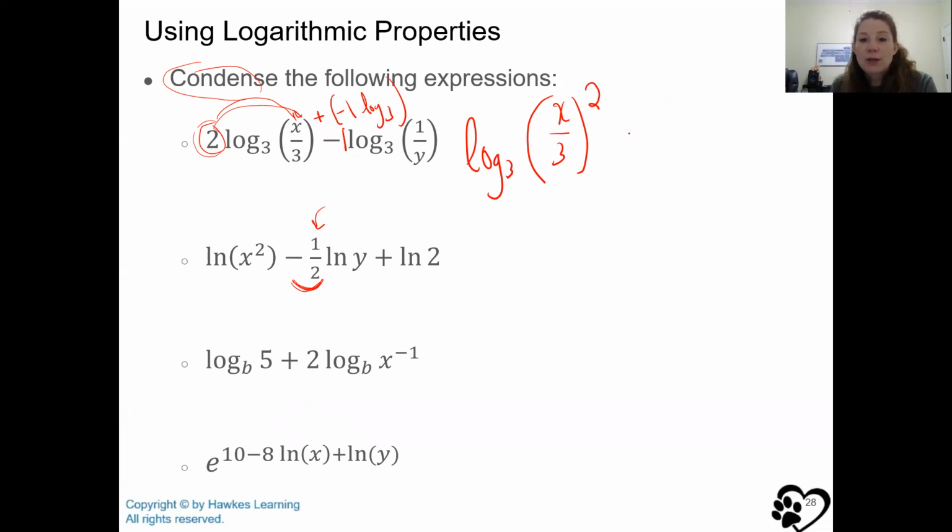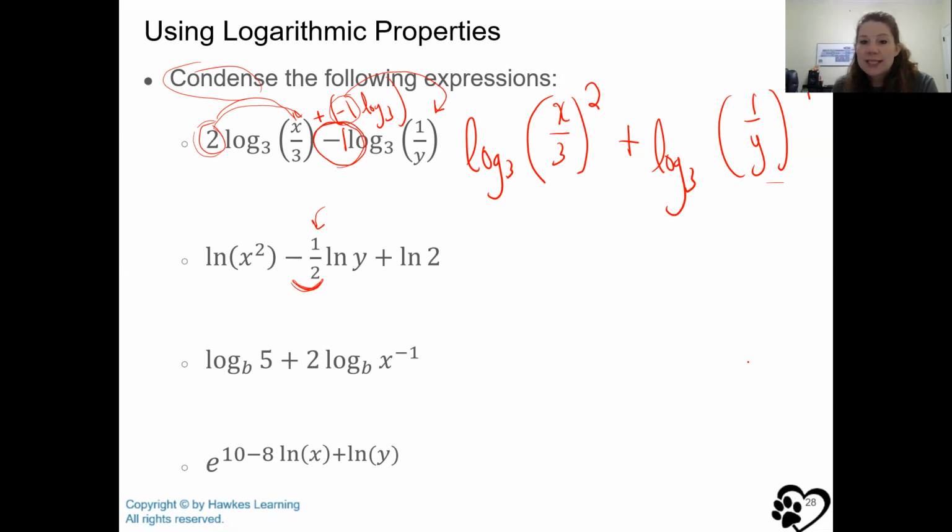So really, we're going to rewrite plus, and that negative 1 is going to go to the back and become an exponent. So we're going to write plus log base 3 of y to the negative first exponent.